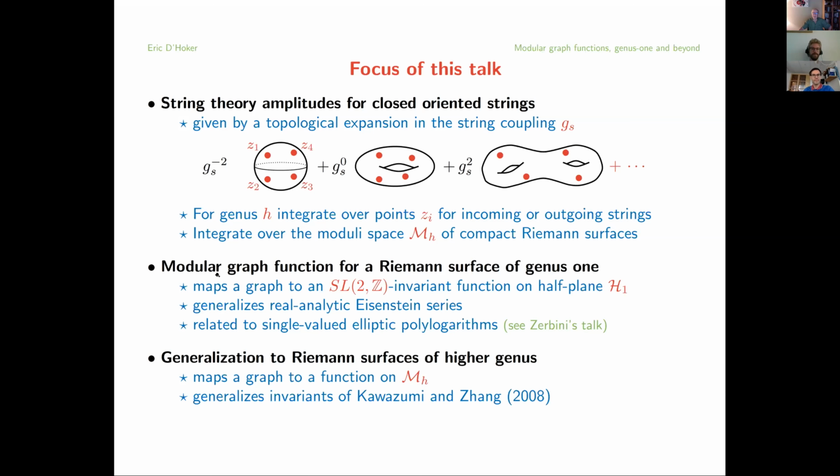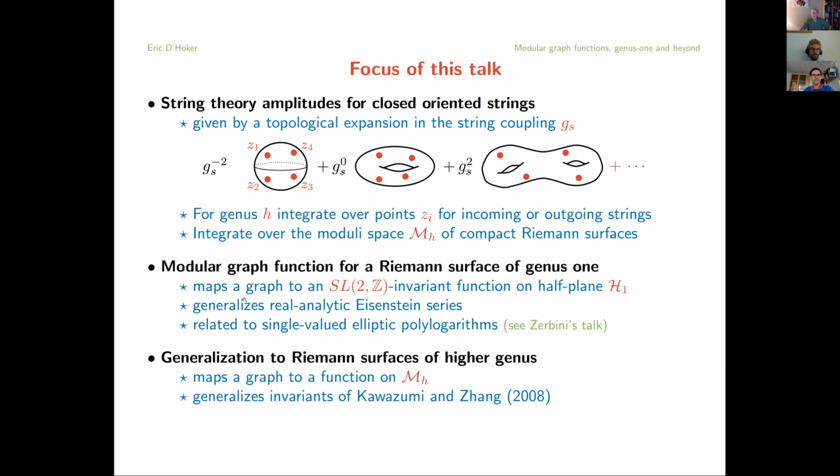And so what are they? Well, in just one line, they map a graph, as we'll see, a certain Feynman graph, to an SL(2,Z) invariant function of the upper half plane, which I denote by H_1, of the modulus tau.